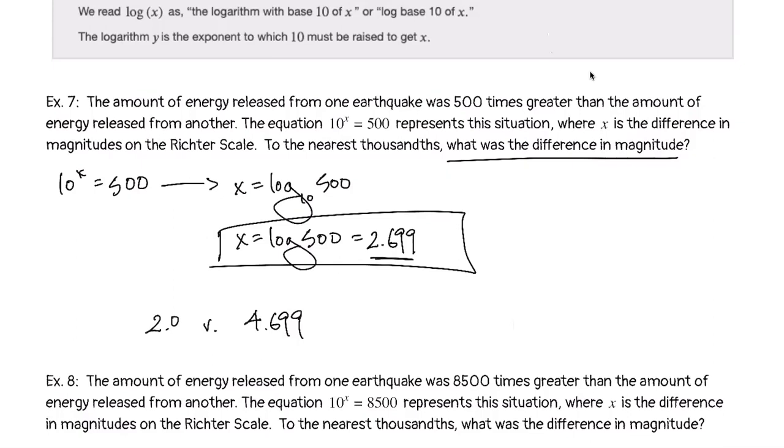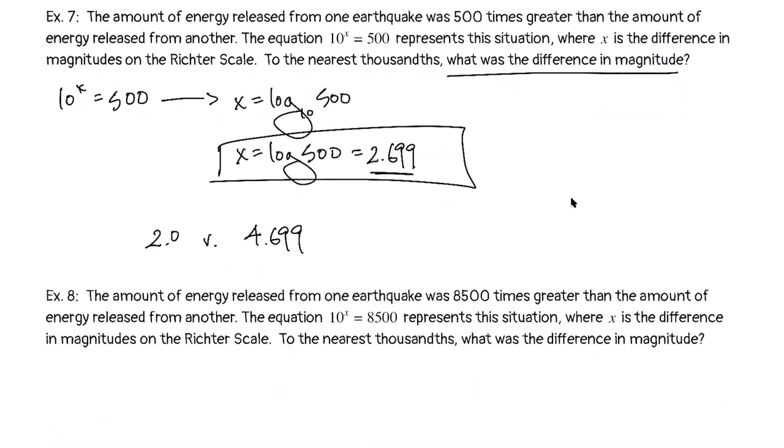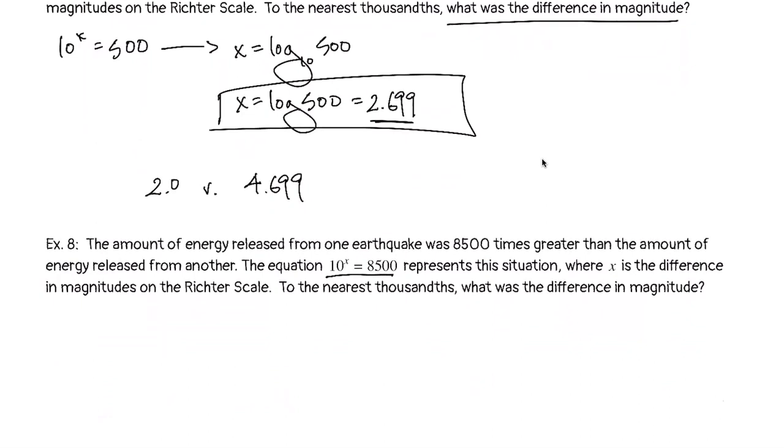Okay. So let's try the second example. This time we have an earthquake that's not 500 times greater, but 8,500 times stronger than one earthquake. So the equation that we get is 10 to the x equals 8,500. If we want to find the difference in magnitudes, we need to convert it to log form.